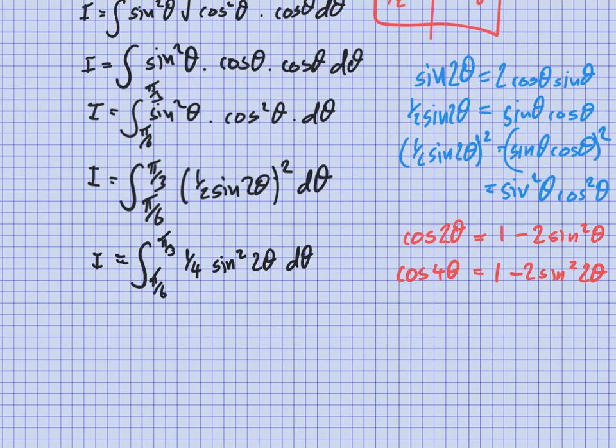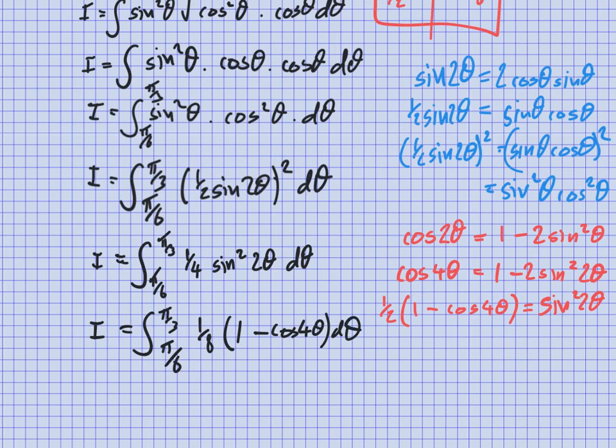So sine squared 2 theta is equal to a half of 1 minus cos 4 theta. So I can substitute this back into my expression that I'm trying to integrate. So I get I equals the integral between pi by 3 and pi by 6 of 1/8 of 1 minus cos 4 theta, and that is something that we can work with.